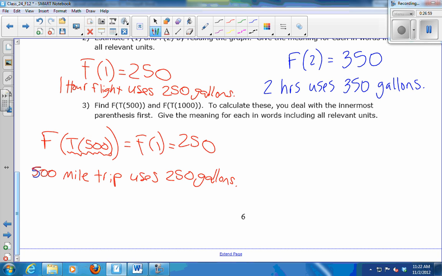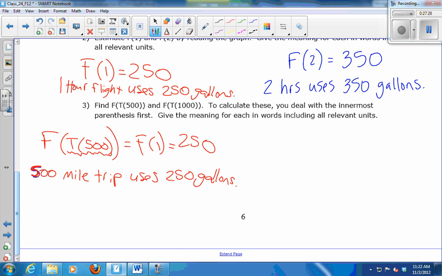I had an intermediate step, where I calculated that it would take 1 hour. But the input is 500 and the output is 250. So this is a sentence telling me that a 500-mile trip uses 250 gallons of gas. I had an intermediate step to help me figure it out, but the final sentence doesn't say that. That's the purpose of doing the composition.